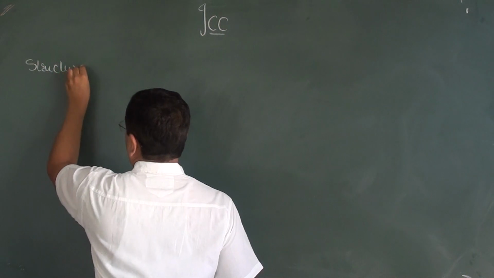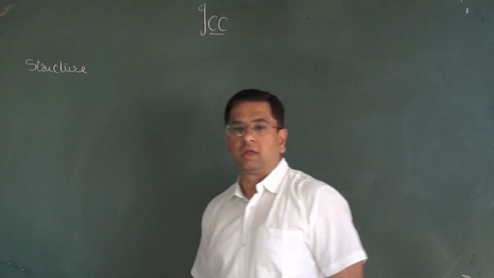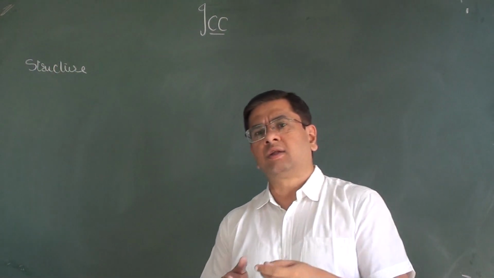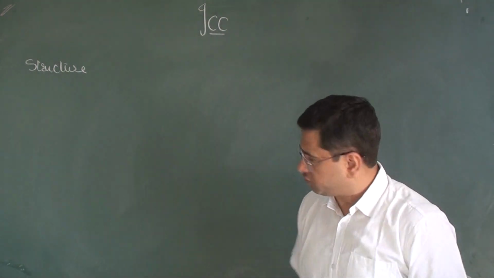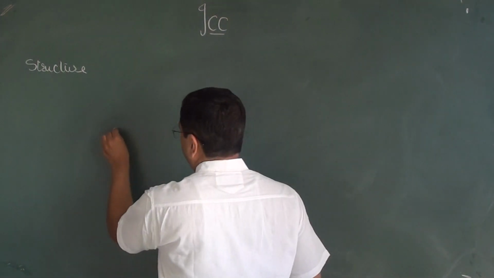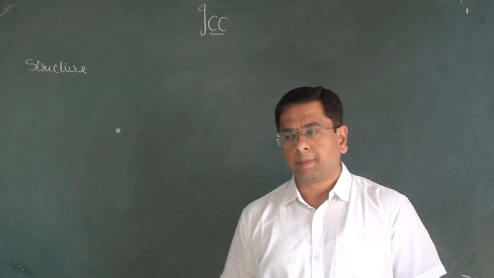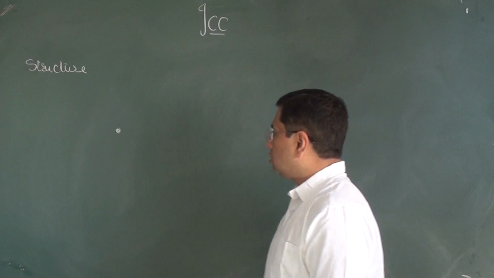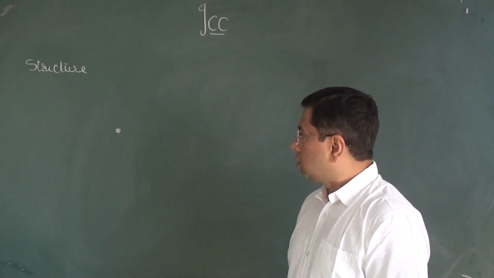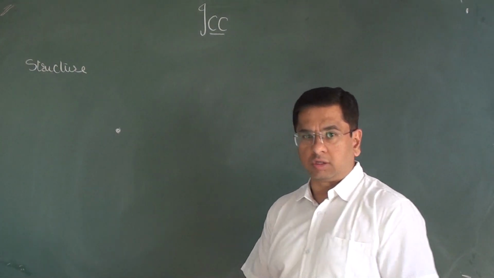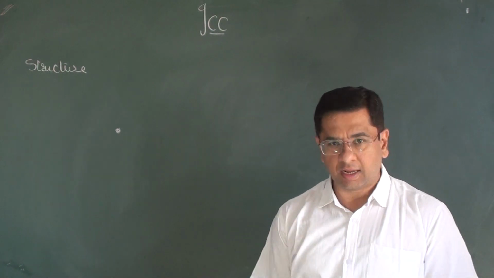And in structure of atom we will be going into details of what exactly an atom is composed of. So when we say an atom, there is a nucleus, and as we know we have protons and neutrons residing in the nucleus.